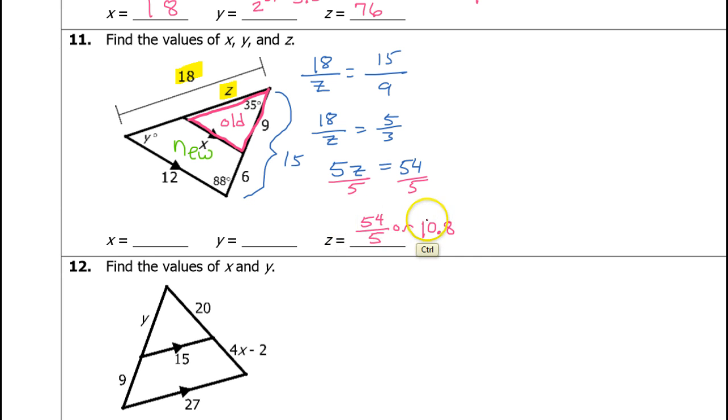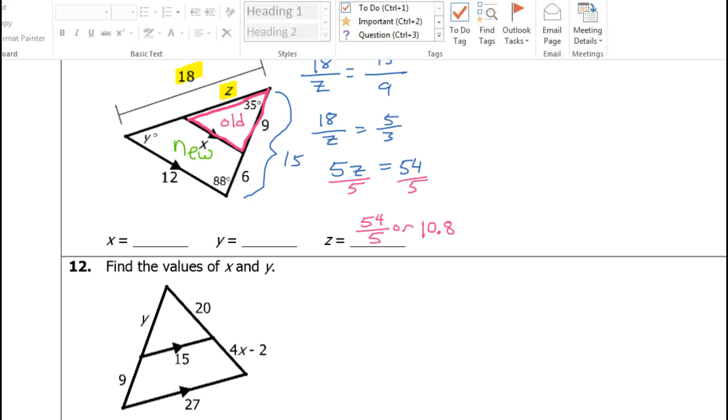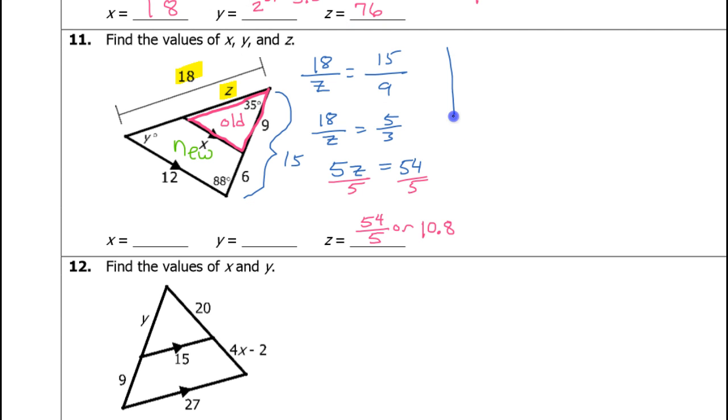All right, be prepared to give me either, just depending on what the directions say. Okay, now I need to go back and do x. I think I'll do x next. So I can still do the 15 over 9.